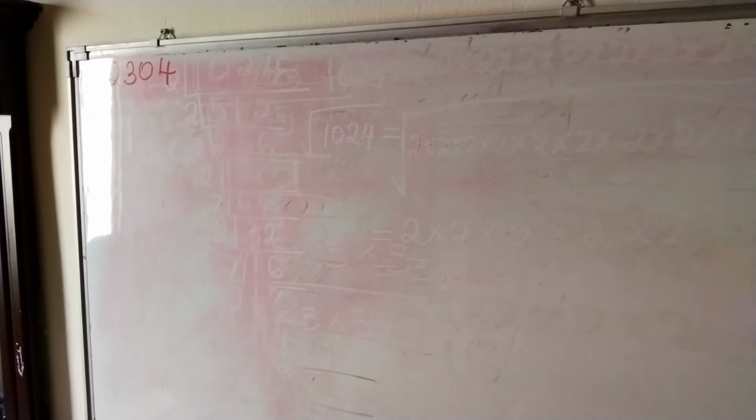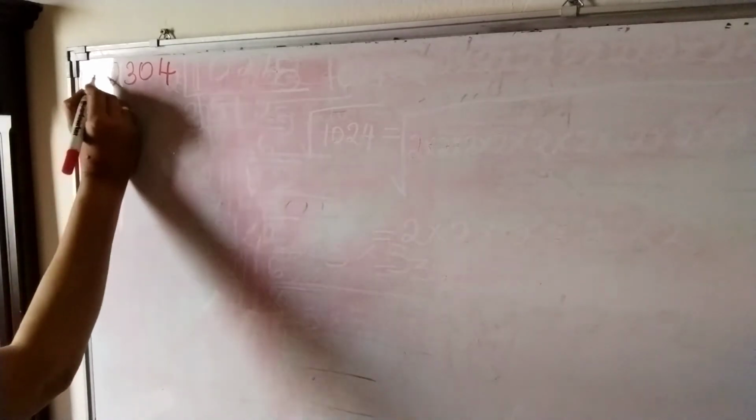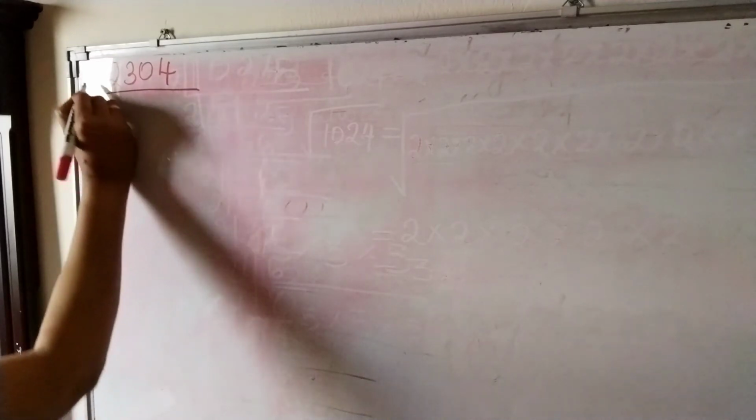So is the number divisible by 2? How do you understand whether it is divisible by 2 or not? If a number ends with, or its unit place is 0, 2, 4, 6, 8, it is divisible by 2. So let's start. Okay, 2.